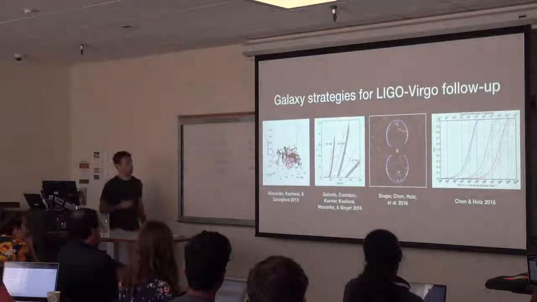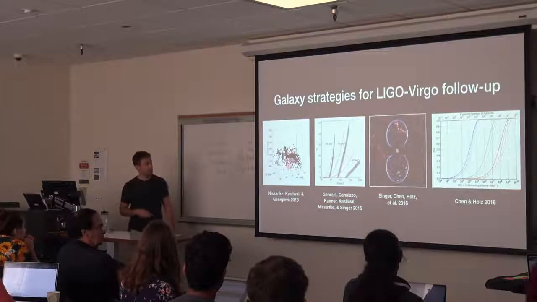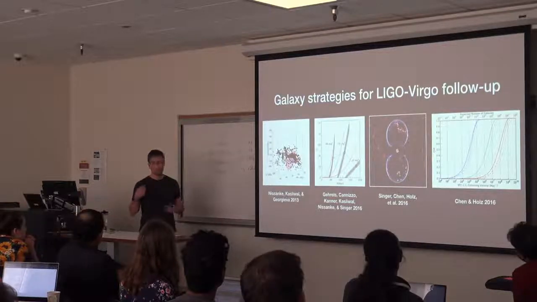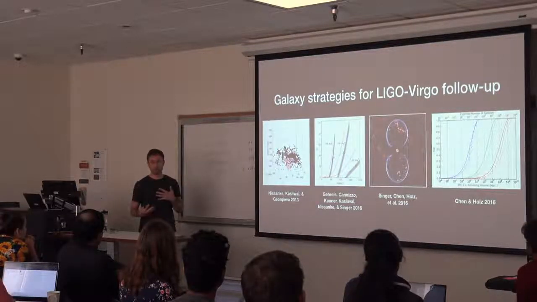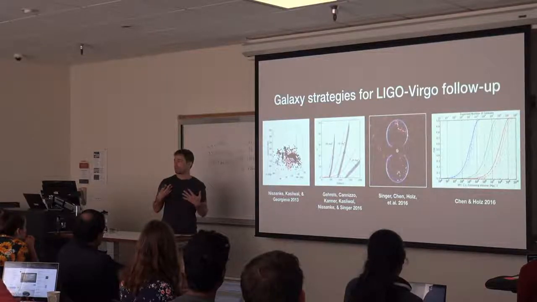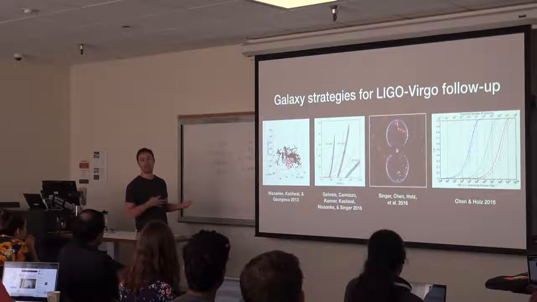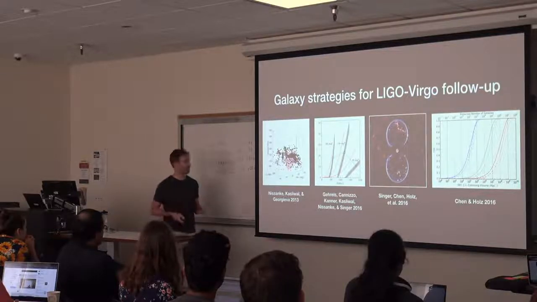Another neat thing to do, and the subject of the hands-on session that's coming up, is that if you have the localization and the distance estimate for a gravitational wave, you can pick out a set of galaxies that are likely candidates for the host galaxy, and use that to prioritize how you do follow-up to look for a counterpart.